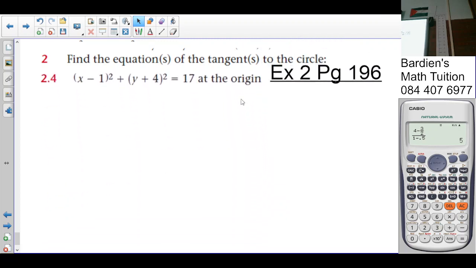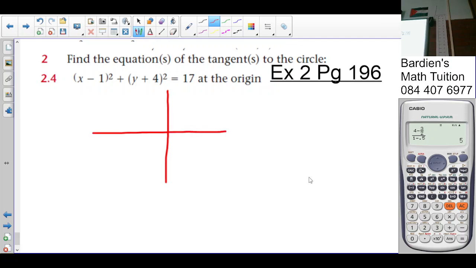In 2.4 we are told, find the equation of the tangents to the circle (x minus 1) all squared plus (y plus 4) all squared is equal to 17 at the origin. Find the equation or equations of the tangent or tangents to the circle. So let's draw and see what they're talking about. So x is 1, y is negative 4.